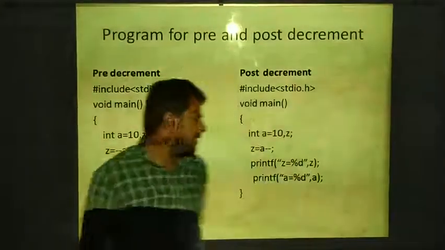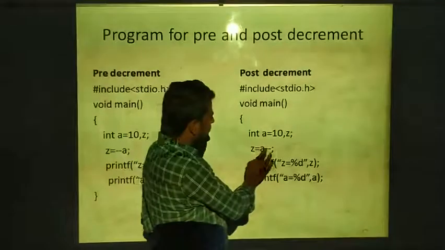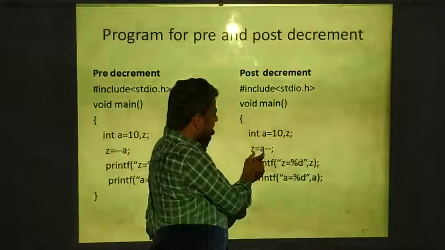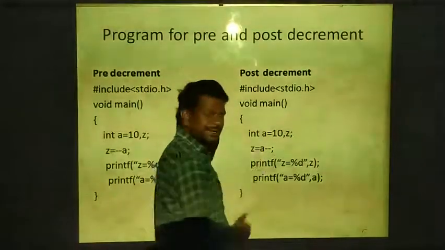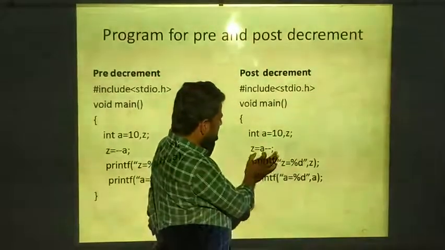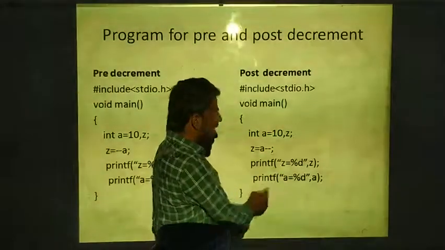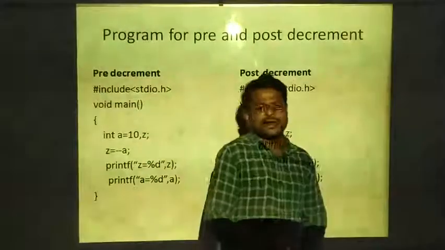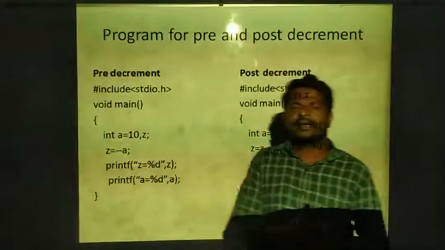Similarly in post decrement, z is equal to A means 10. First the value will be taken, then after it is decremented. So z is equal to 10, then after that the value of A is 9. Right? So this is about conditional and increment and decrement operators.